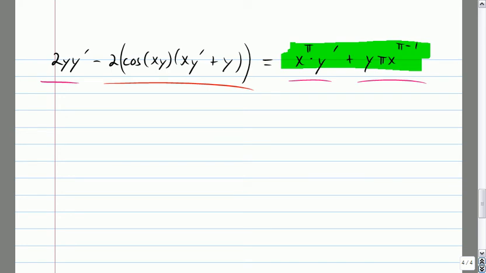So what you're actually going to do is, first, this piece in orange, you're going to multiply this by xy prime. And then you're going to multiply it by y. So you have 2xy prime cosine xy plus how much?